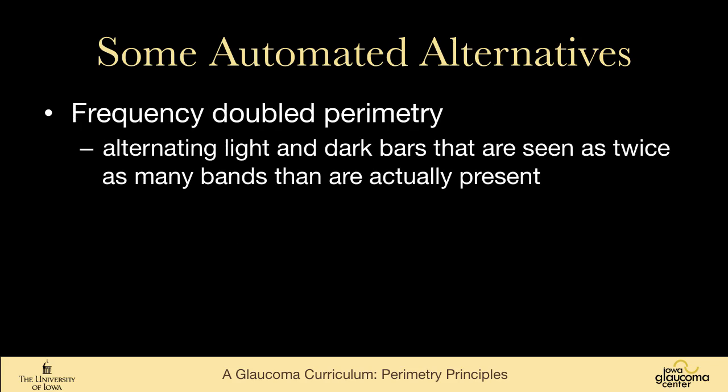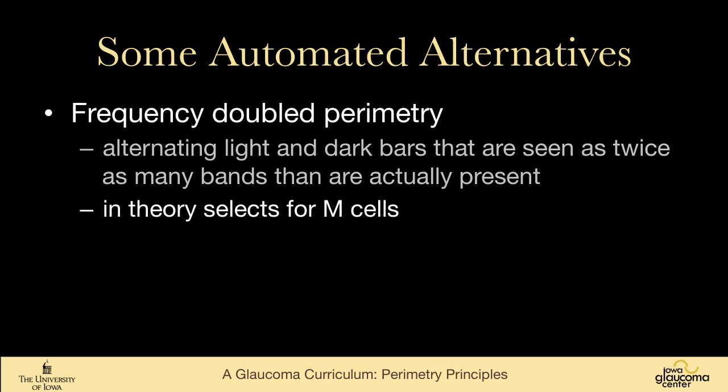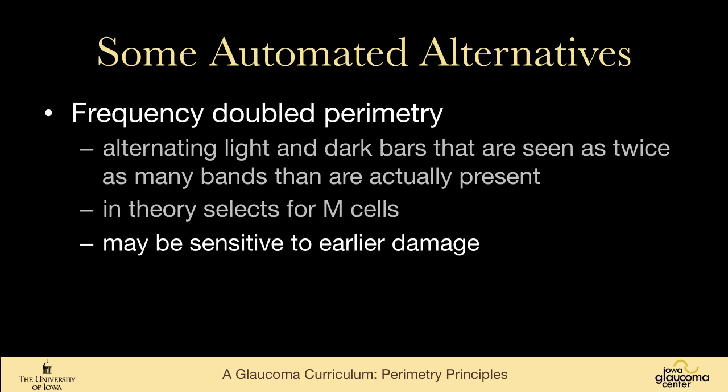Frequency doubling perimetry presents alternating light and dark bars that alternate in a way that makes it seem that there are twice as many bands as are actually present. In theory, it selects for the M cells and may be sensitive to earlier damage.